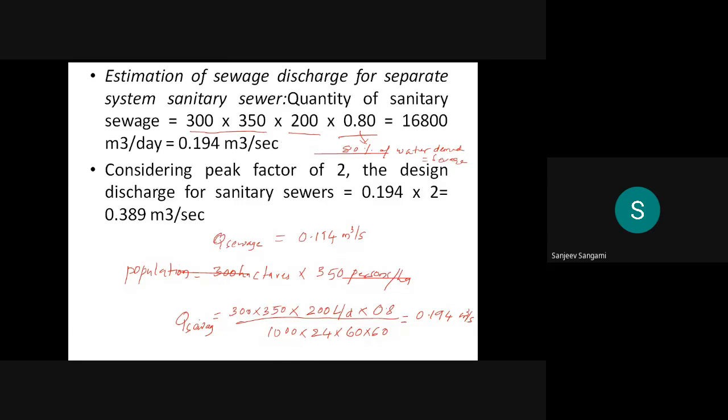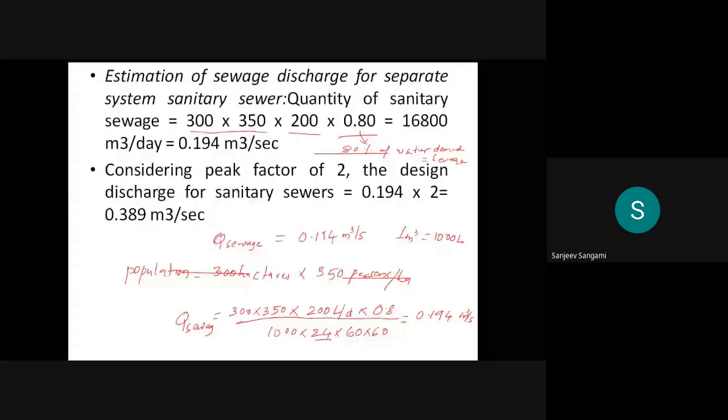If you ask me why I am dividing by 1000 here, it is the conversion of liter to meter cube. We know that 1 meter cube is equal to 1000 liters. Then for day, it is 24 hours, 60 minutes and 60 seconds. So now we got the Q of sewage.